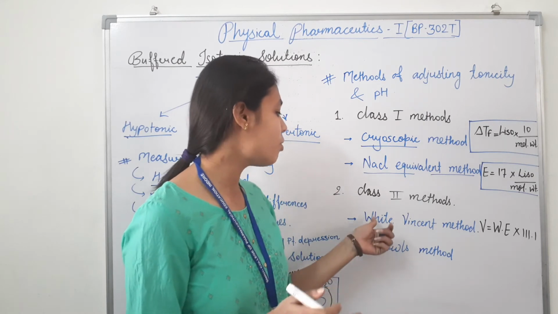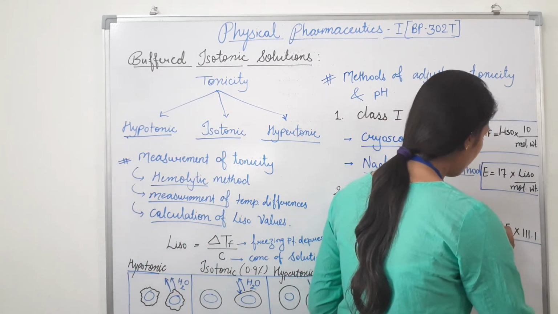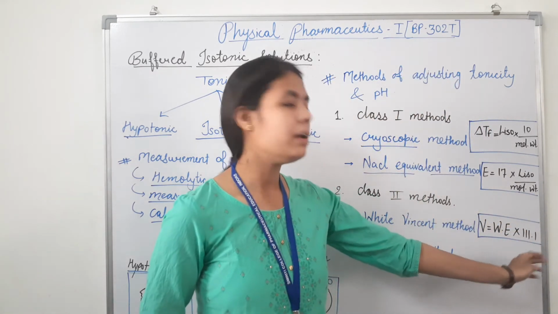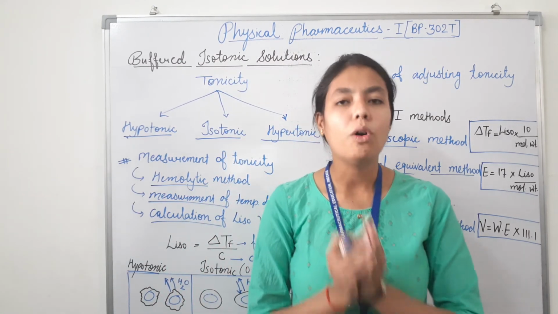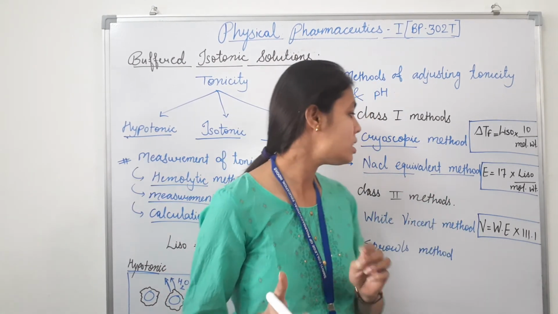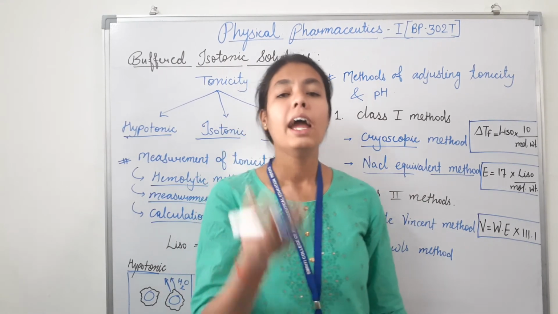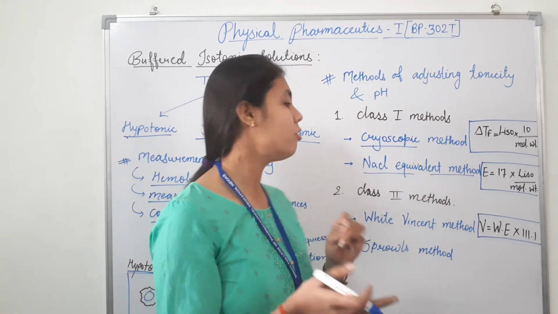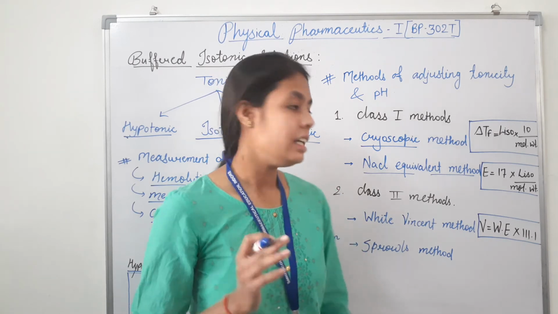The equation for the White-Vincent method is V equals W multiplied by E multiplied by 111.1. Here W is the weight of drug in grams, that means how much drug we have taken for that solution, and E is the equivalent weight of NaCl. This is about the White-Vincent method.